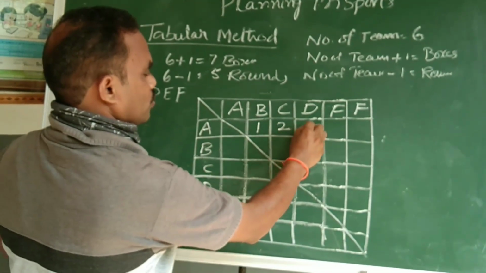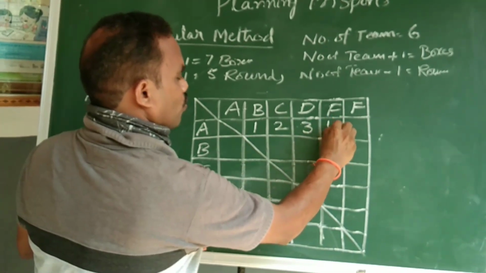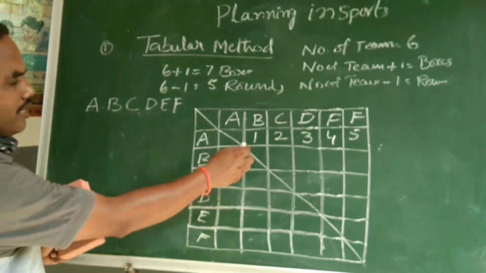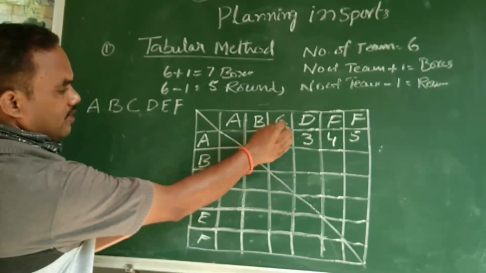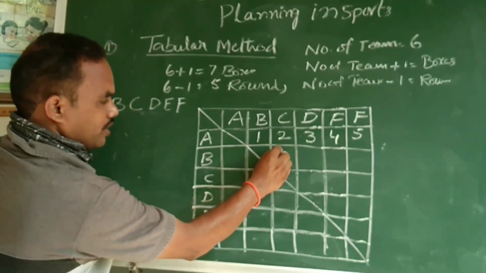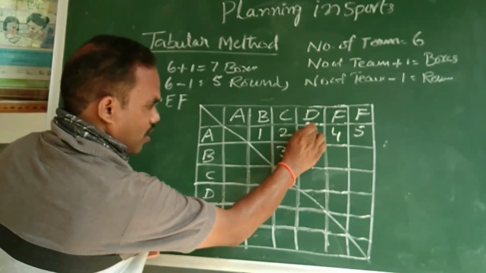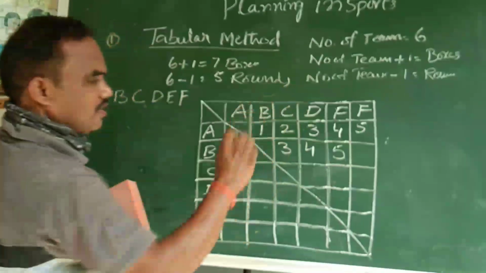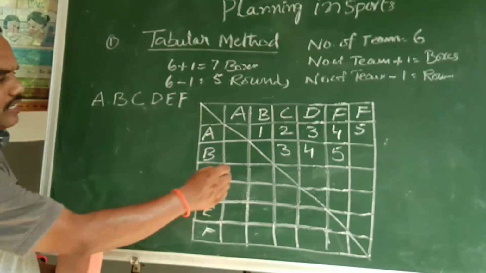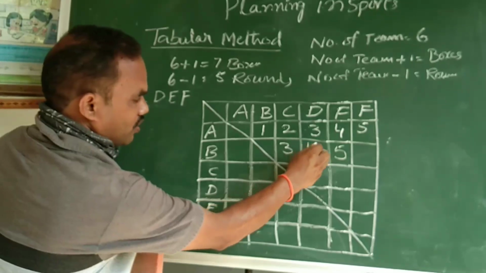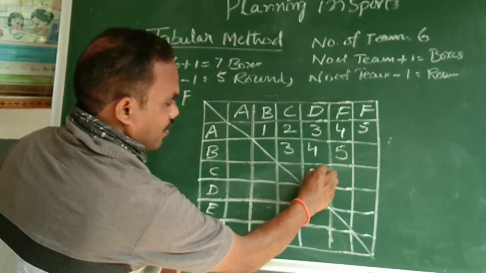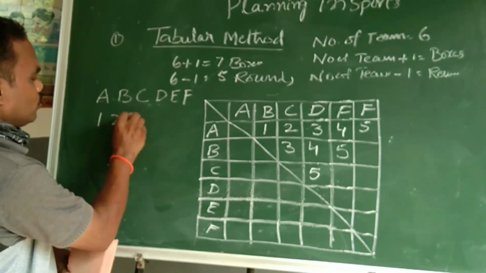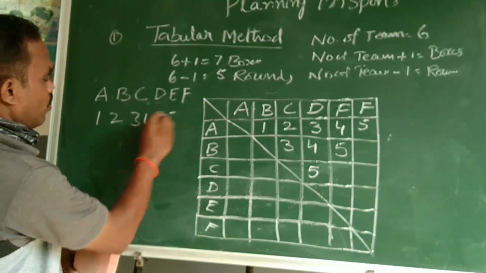1, 2, 3, 4, 5 rounds will play the first round, and second one after the second round they are 3, after 3 4, after 4 5, 5 rounds, and next round will come after 4 5, then after 5 1. You have 1, 2, 3, 4, 5 rounds.